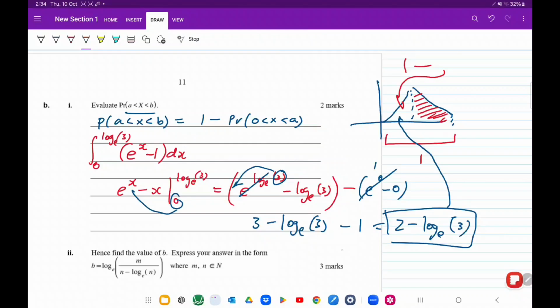So what we're going to do is take that one more step and go 1 minus (2 minus log e 3), which gives us log e 3 minus 1. All right.